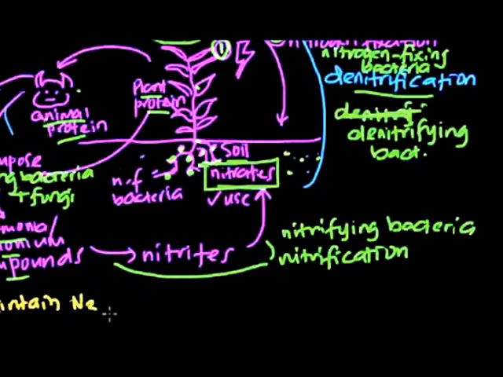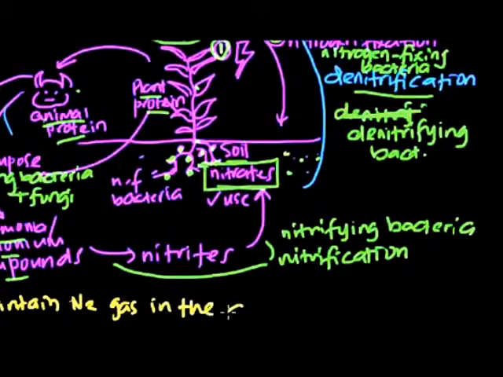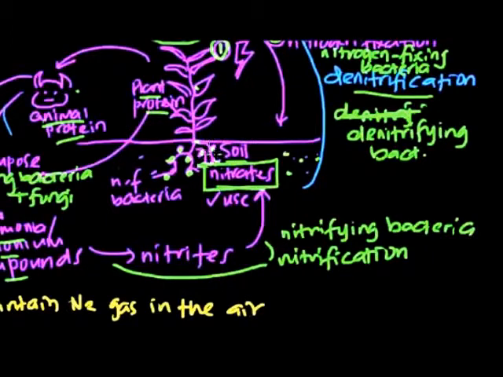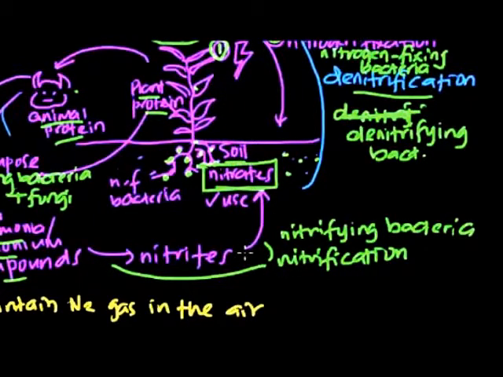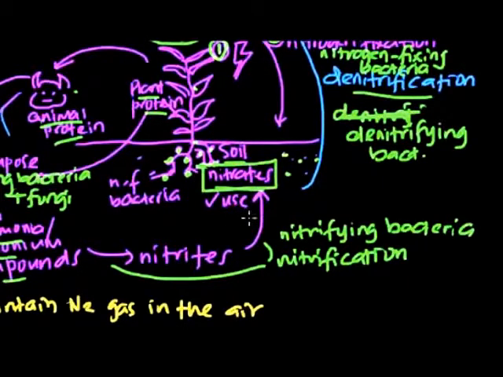The nitrogen cycle can return nitrogen gas to the atmosphere by recycling nitrate compounds, and this allows the concentration of nitrogen gas to be maintained at 78% in the atmosphere, and this will ensure a continuous supply of nitrogen. That's why in the cycle it goes both ways, both down and also up.